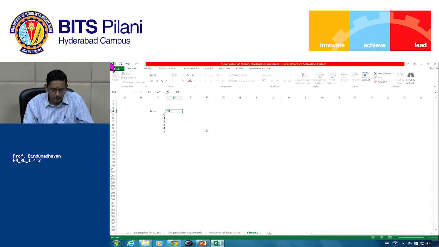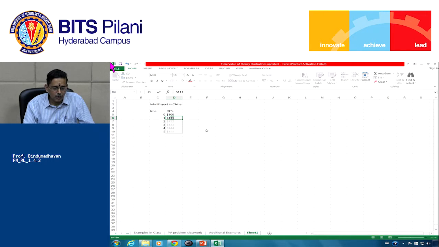I'm using Excel to illustrate the example of the Intel project in China, right? They want to set up a semiconductor plant, and they have forecasted that it's going to generate $100 million cash flow every year, not in the first year actually, so we'll correct that in a minute.